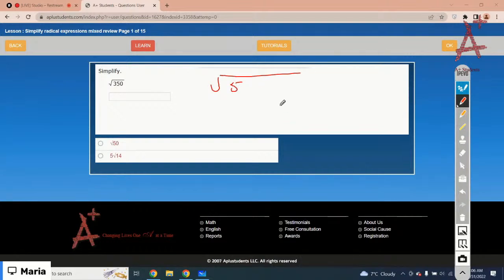Got it? And then you have 5 times 7 is 35. 35 is 5 times 7, they are the factors of 35. 5 times 5 is 25. 25 times 2 is 50, and 50 times 7 is 350. Got it? That would be the prime factors of 350. So you can write them as 5 square times 7 times 2.